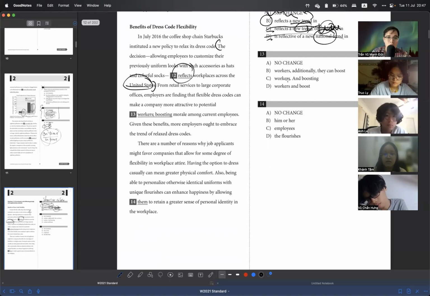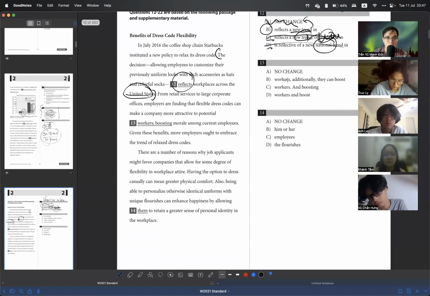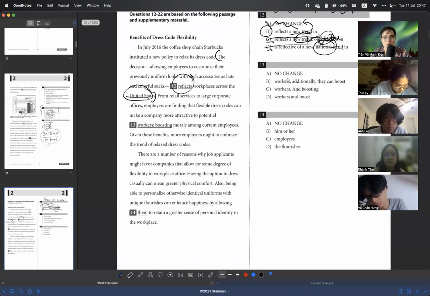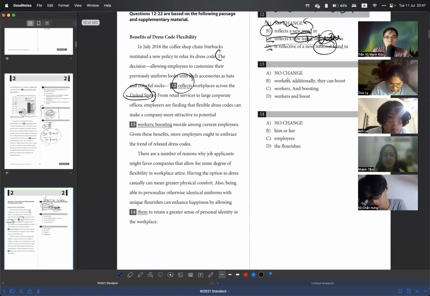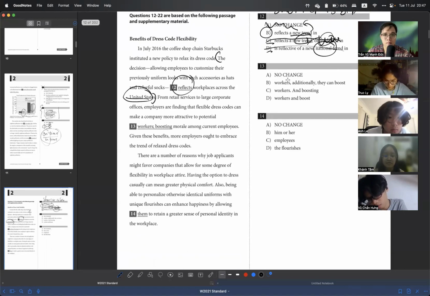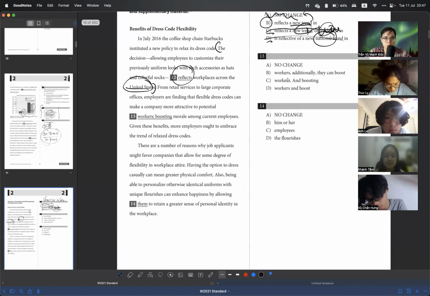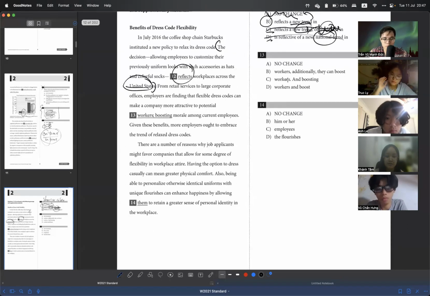13. From retail services to large corporate offices. Can you do it? D. D, let's see.